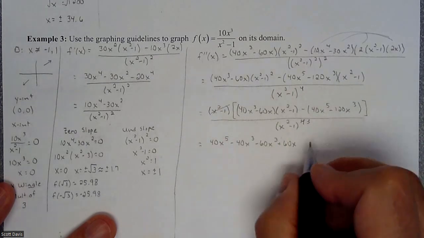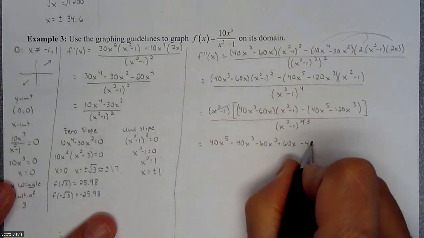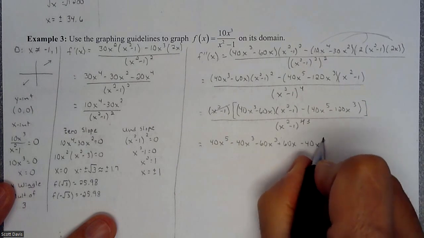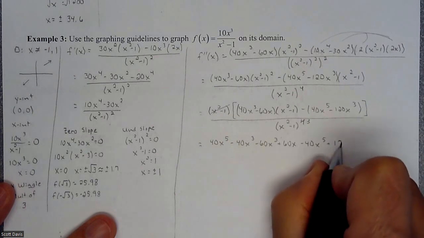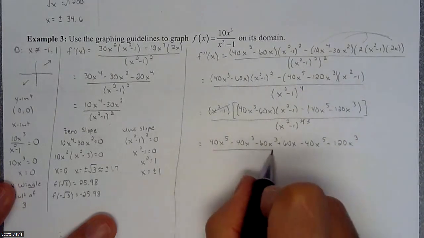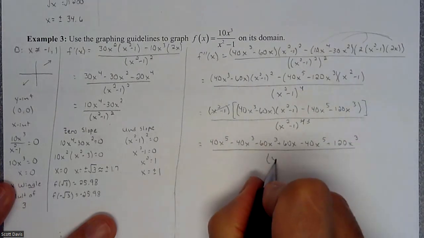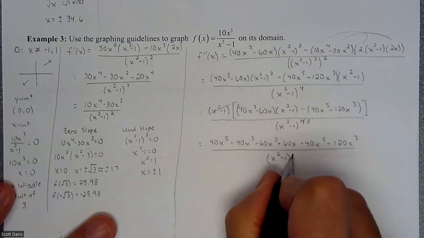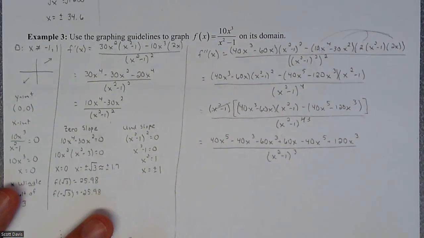And then over here, we're just distributing a negative, so minus 40x to the fifth plus 120x to the third, all divided by that same x squared minus 1, but now 3 of them.